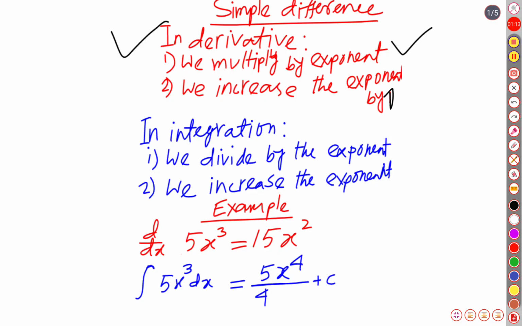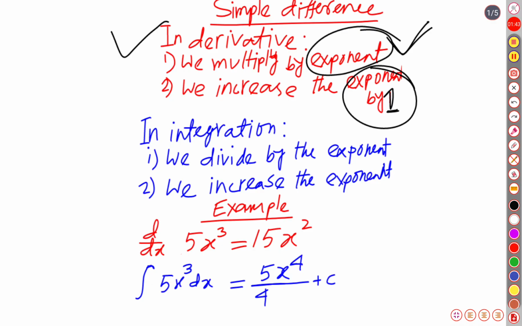So there are two points in the derivative, and everything is about the exponent. Remember, the exponent is the major role player in differentiation and integration. First the exponent multiplies the coefficient, and then the exponent is reduced by 1. This happened in the derivative.